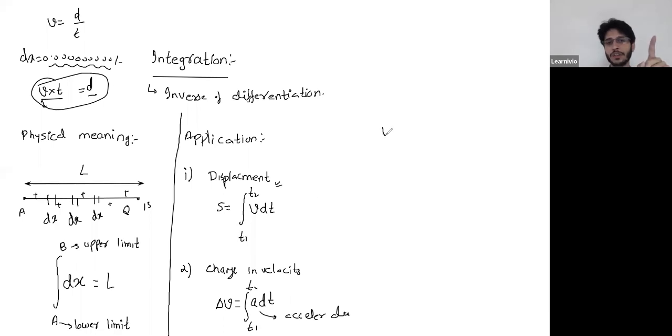Velocity was the derivative of displacement, and acceleration was the derivative of velocity. Yesterday you were given displacement and had to calculate velocity; velocity was given and you calculated acceleration. But now velocity is given and you are supposed to calculate displacement, the inverse calculation. Acceleration is given and you calculate the change in velocity, inverse operations.